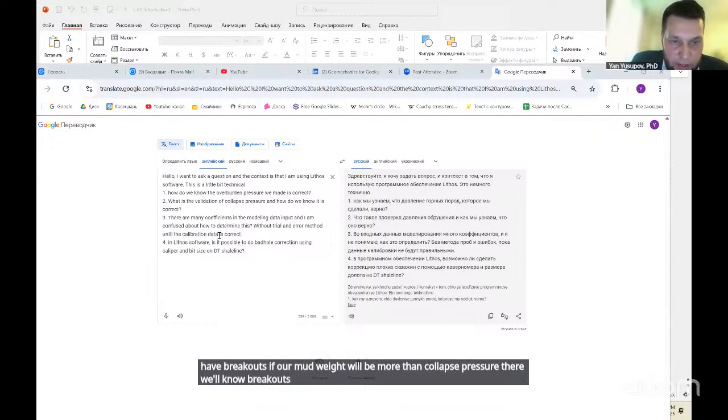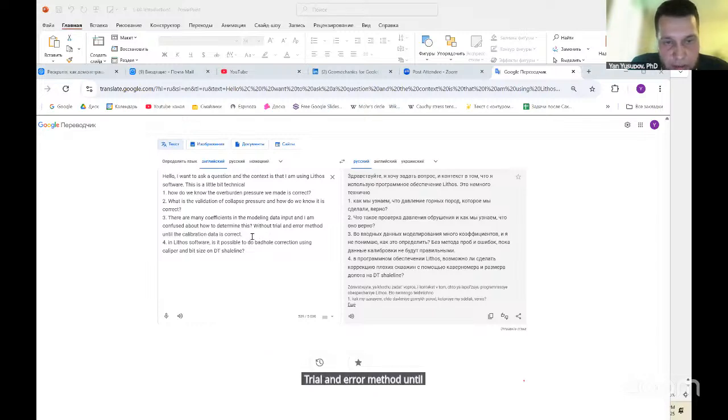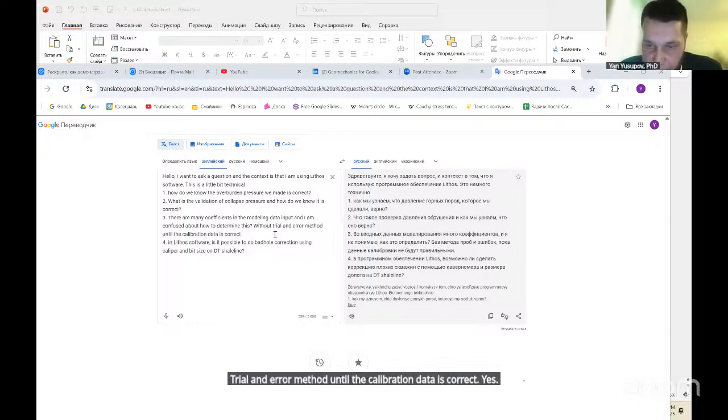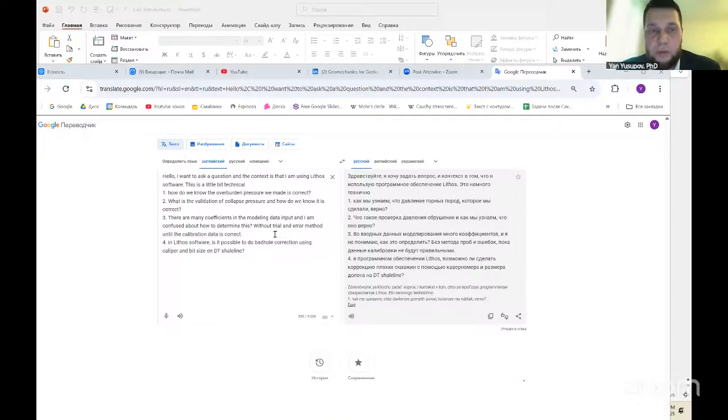First question. There are many coefficients in the modeling data input, and I am confused about how to determine them. Trial and error method until the calibration data is correct. Yes, it's really so. Usually we are not modeling one well.